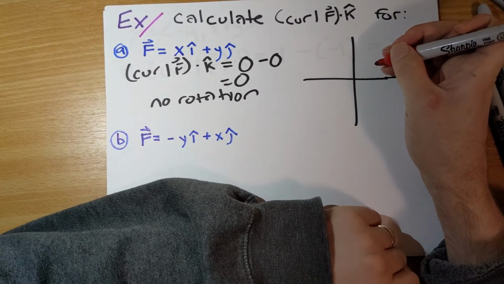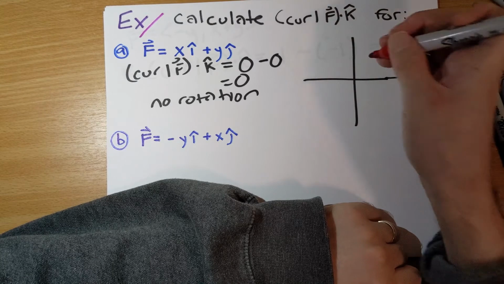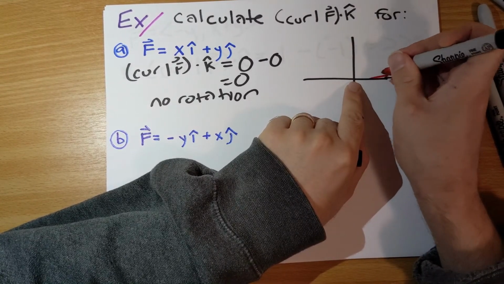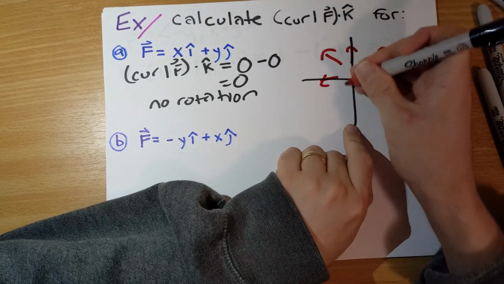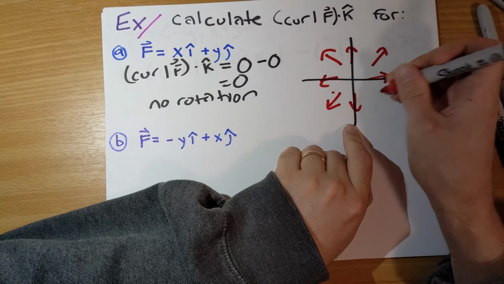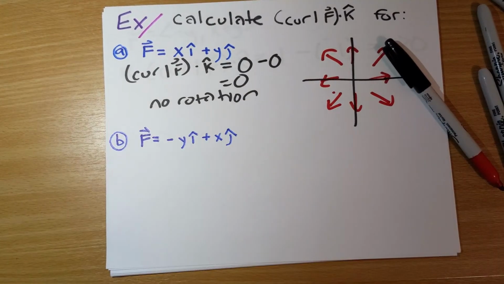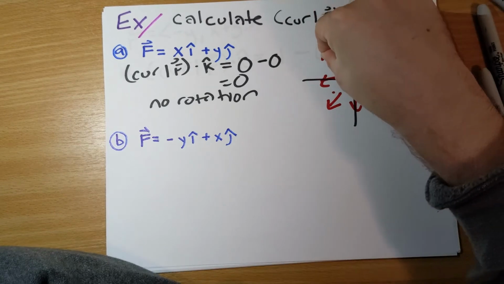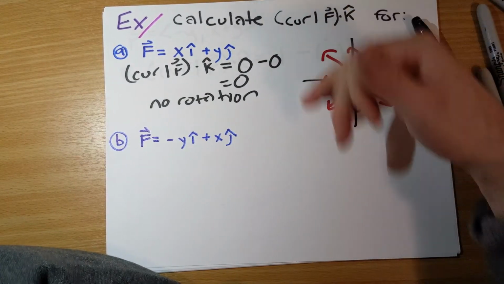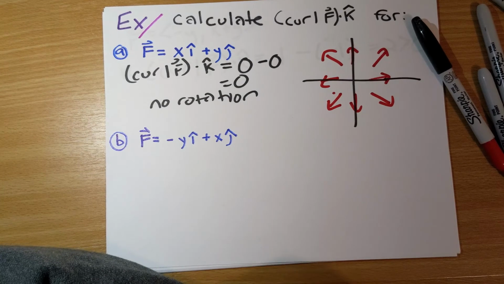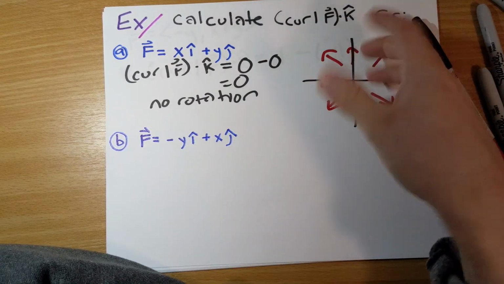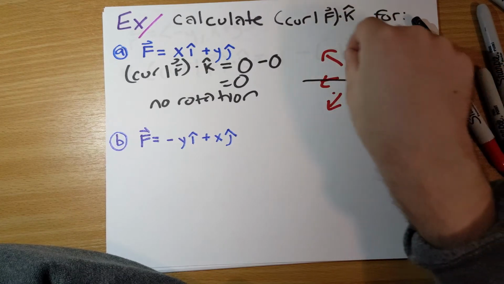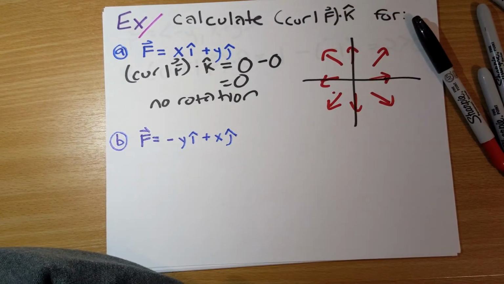It looks something like this. Everything is just moving away from the origin. If you drop in a paddle wheel right here, there's equal pressure trying to turn it clockwise and counterclockwise. Your paddle wheel isn't going to turn, no matter where you drop it in.